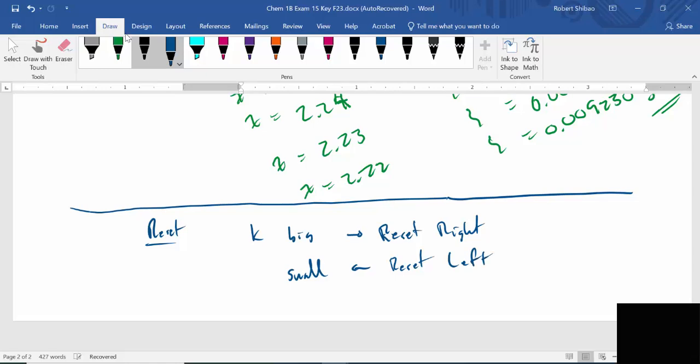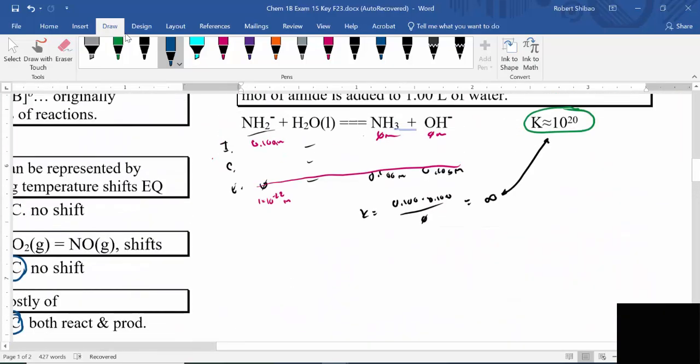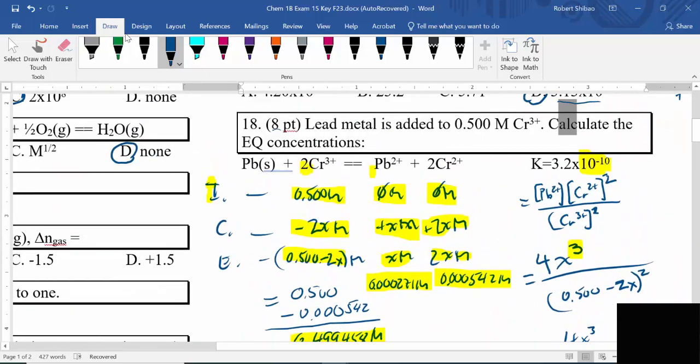The problem is what constitutes a big K and a small K. Here, I would say this is pretty small, so I'd reset this to the left, but it's already reset to the left. I don't have to worry about it.